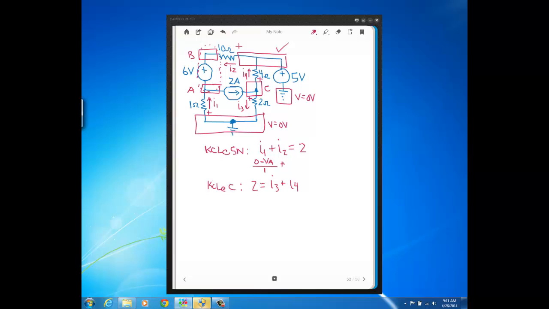Then you have I2, which is going to be 5 minus VB divided by 10, and that equals 2.